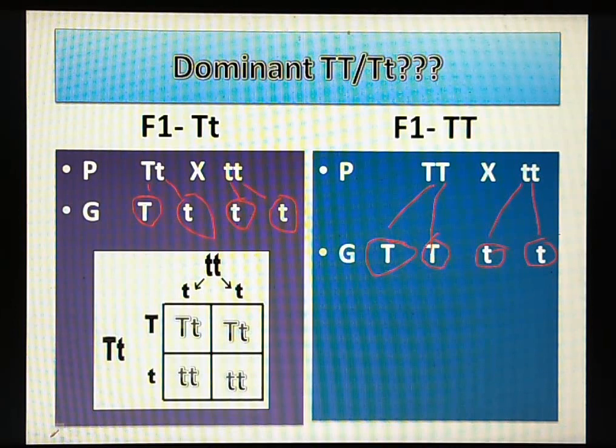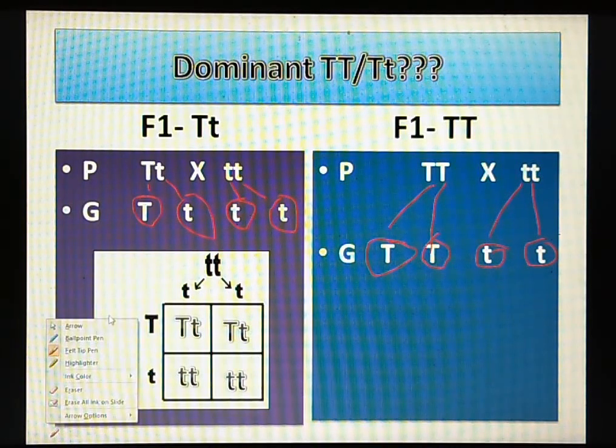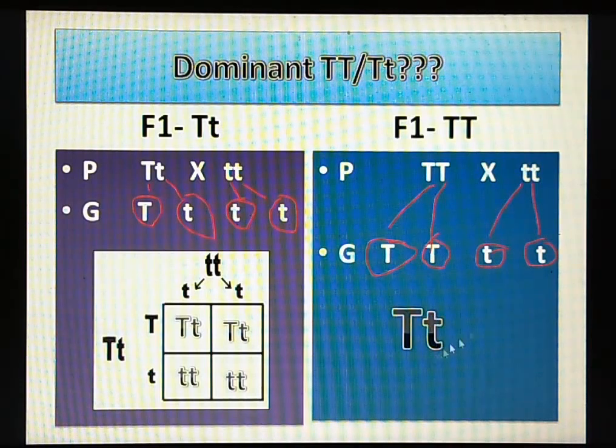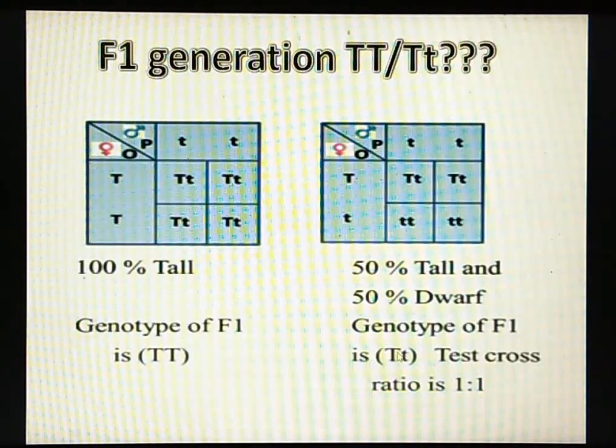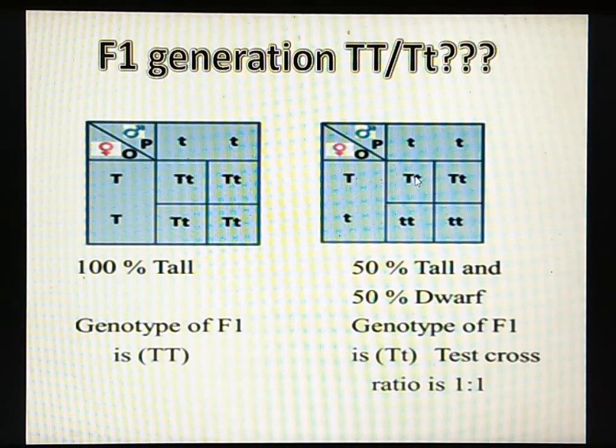So the offsprings will all be tall plants. When we take the Punnett square, we'll see that all are tall plants, capital T fused with small t, or this capital T fused with small t. So we get all the tall plants here, right?